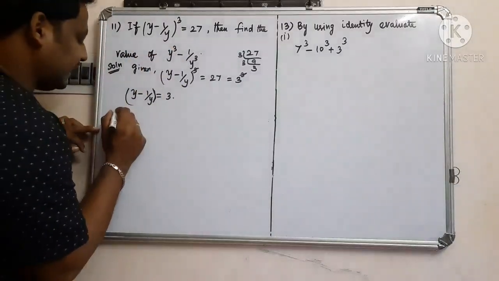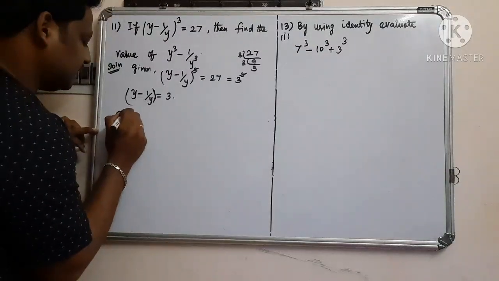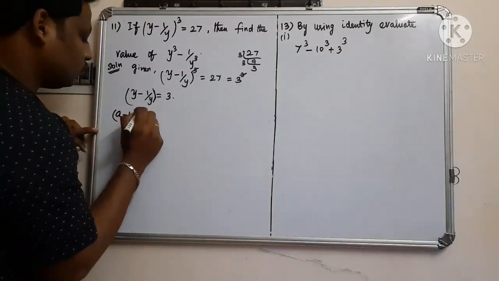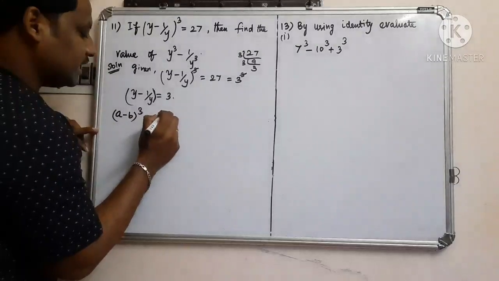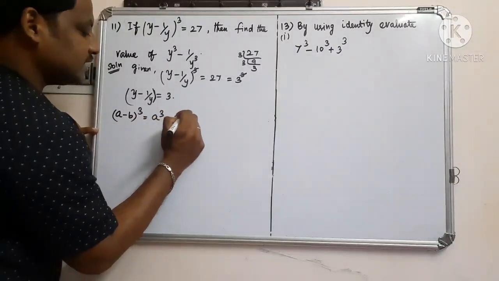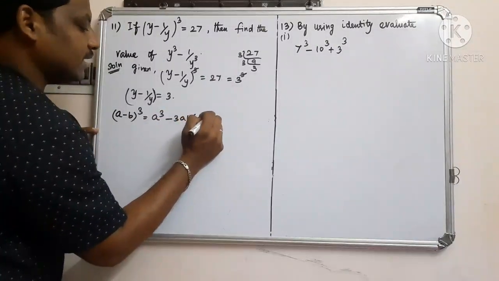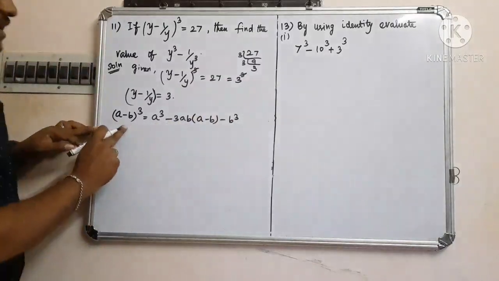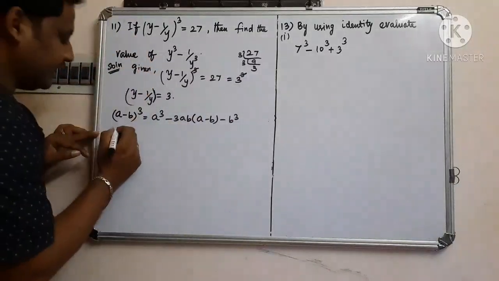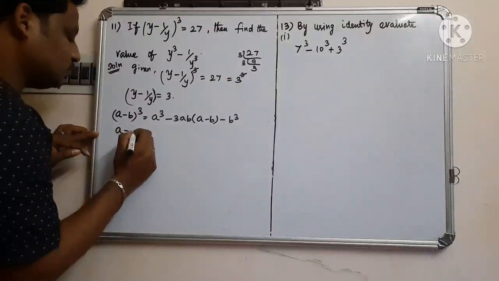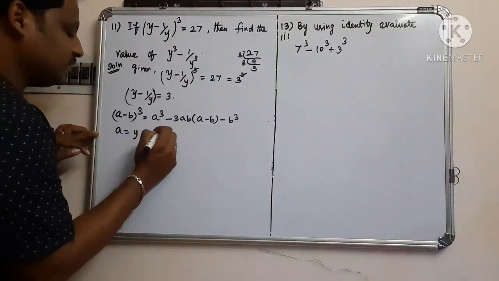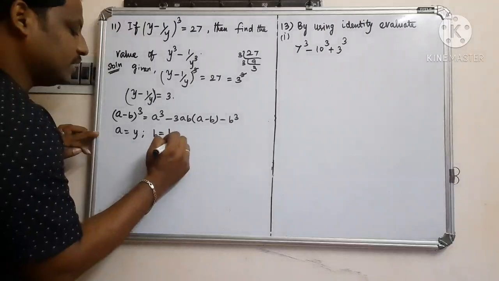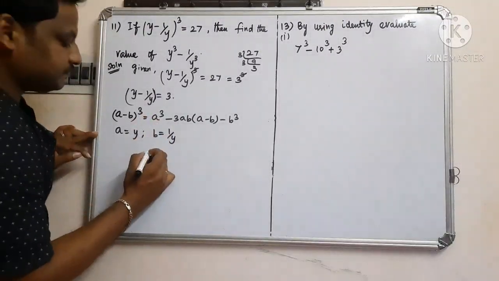We know the identity: (a minus b) the whole cube is equal to a cube minus 3ab into (a minus b) minus b cube. Instead of a you should substitute y, instead of b you have to substitute 1 by y. Now substitute in this formula.